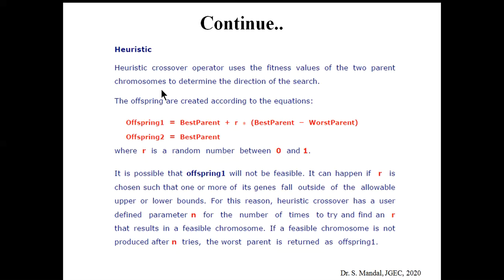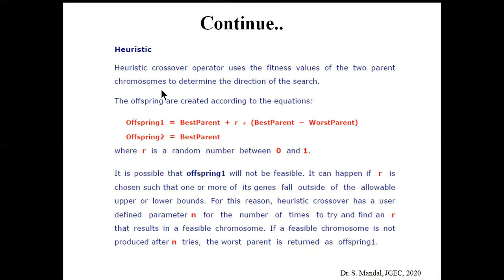In this case, first of all we need to identify the best parent and the worst parent. Best parent means the one with the highest fitness, and worst parent means the one with the lowest fitness. So the best parent will be considered as parent 1 and the worst parent as parent 2.